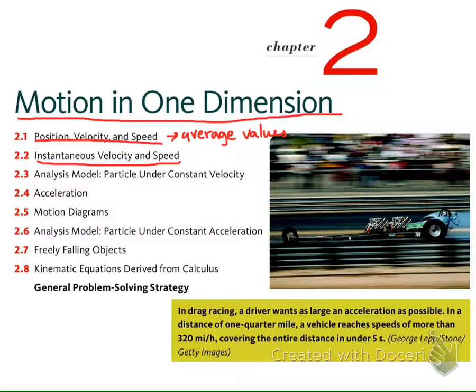The average value will give us only the average of the speed or the velocity in a finite time interval. Okay, but the instantaneous velocity will give you data or information at every instant of time.